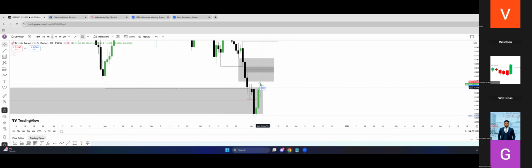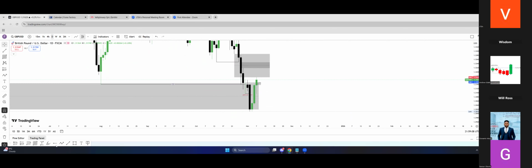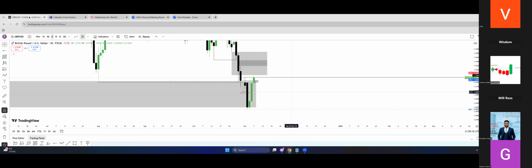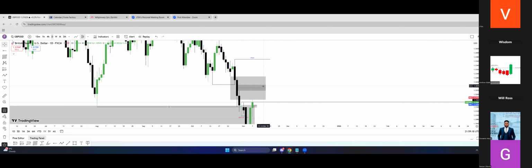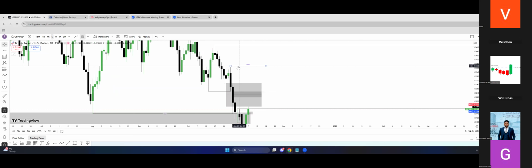You see now, price is not respecting that initial accumulation. What does it mean? We seek liquidity, this change in state of delivery. Now, it's telling us that price is going higher. Now, to where? Maybe to rebalance this inefficiency or to take out this liquidity for sure.